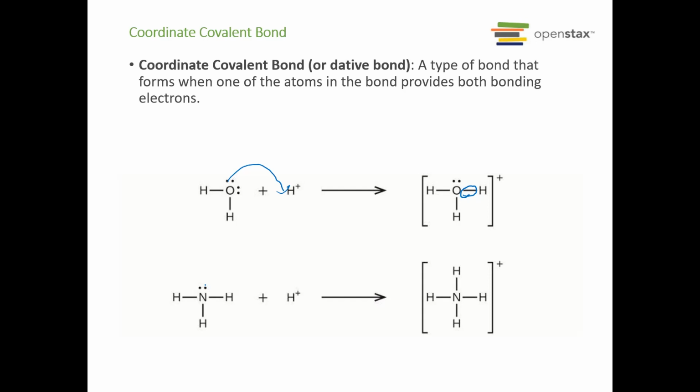The same thing happens with ammonia when we form the ammonium ion. So we get a bond there where both of the electrons came from the ammonia. So these would be examples of coordinate covalent bonds or dative bonds.